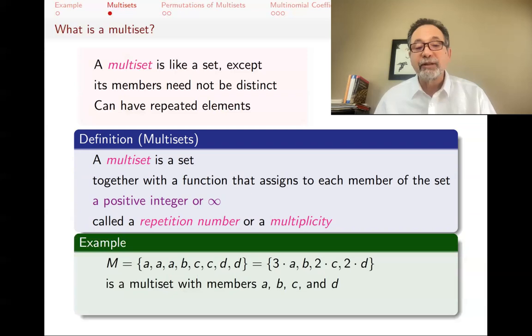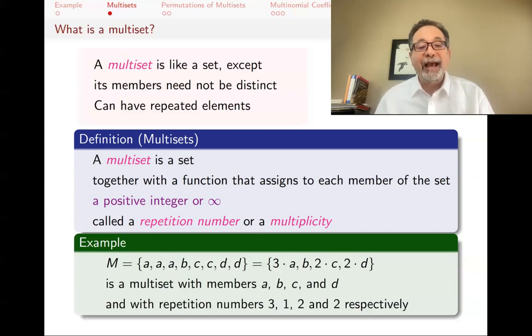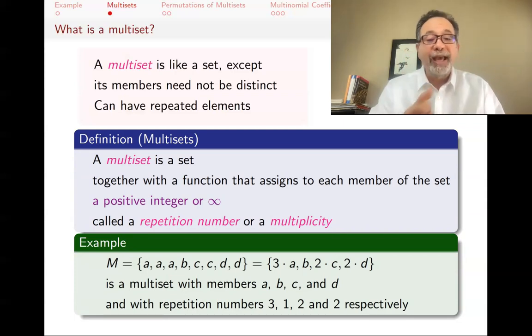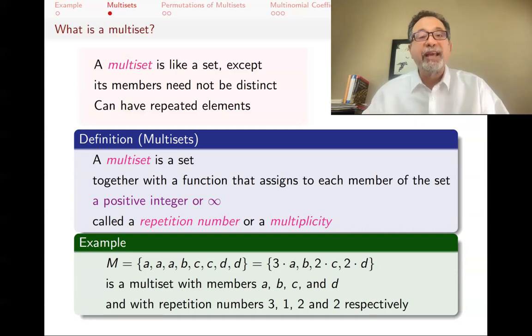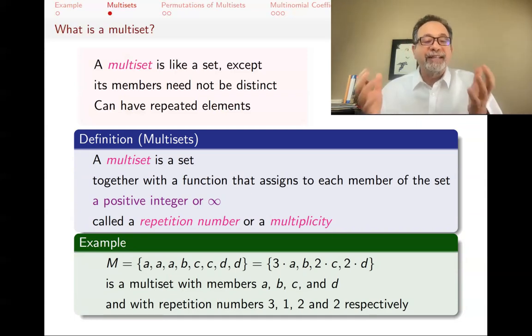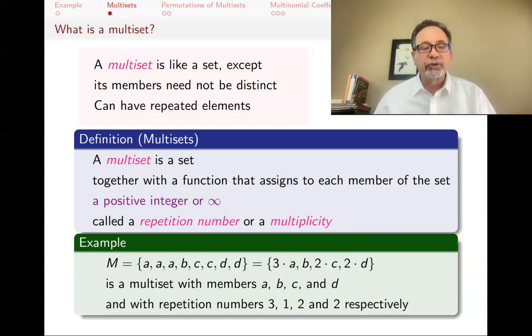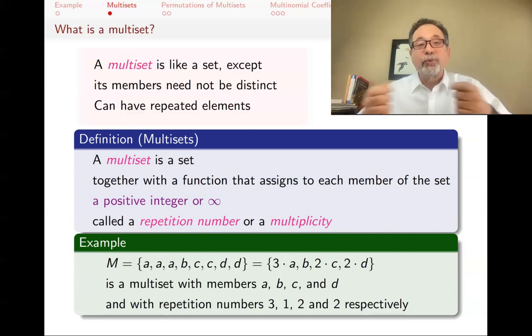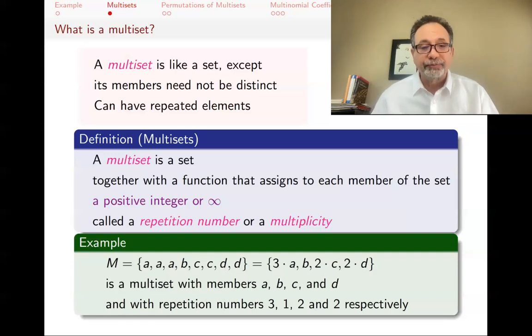It's a multiset whose members are A, B, C, and D, and those have repetition numbers 3, 1, 2, and 2 respectively. So the function that I was talking about is assigning the number 3 to A, the number 1 to B, the number 2 to C, the number 2 to D, telling me how many copies of each I have. The set is really just A, B, C, D, but I have these repetition numbers. But I actually really like to think of this as a multiset, a set with a bunch of elements, some of them might be the same as each other.